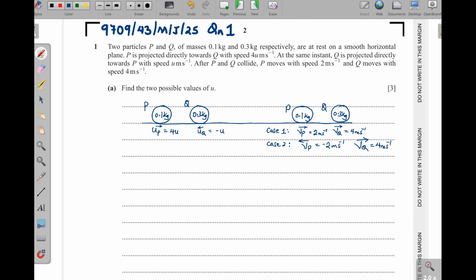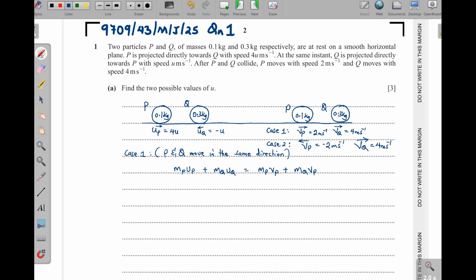Now, using the principle of conservation of momentum, in our case 1, like I've said, P and Q move in the same direction. So MP UP plus MQ UQ is equal to MP VP plus MQ VQ.